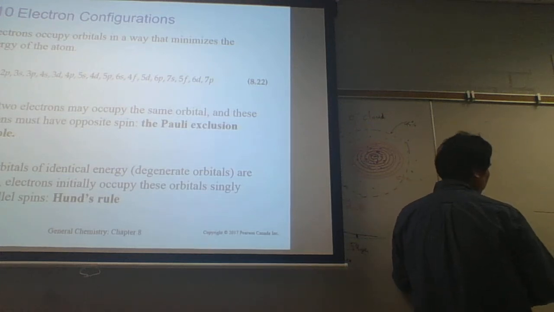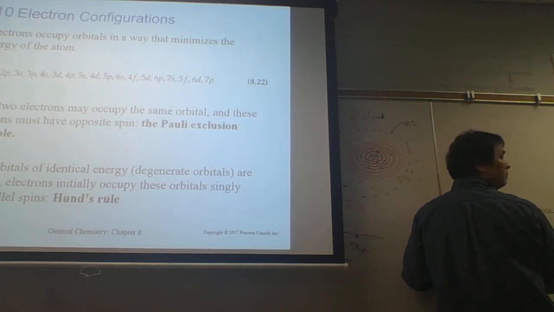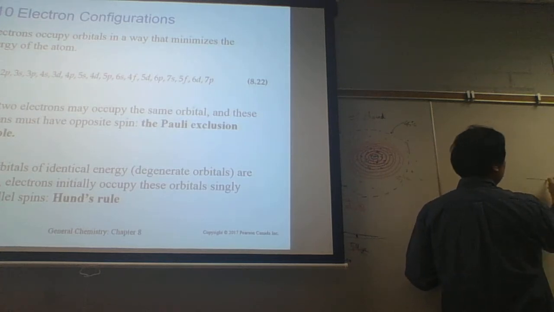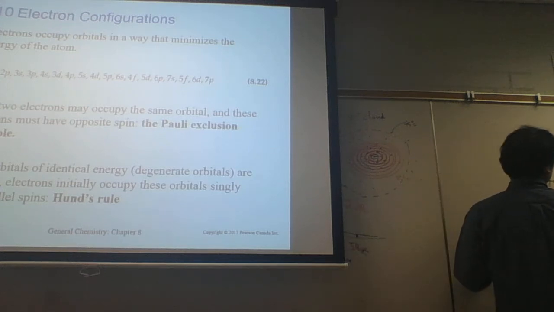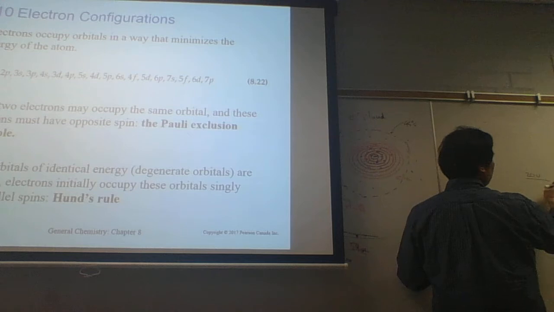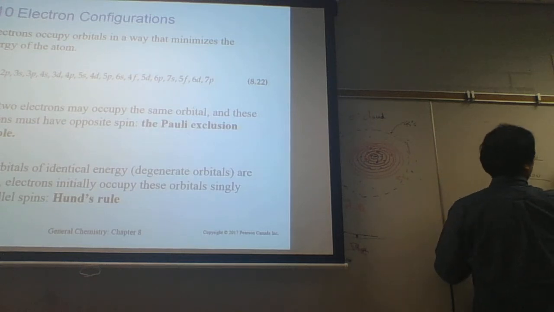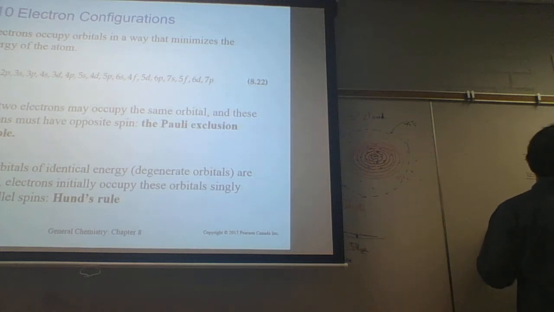So for example, if we're looking at the 100, and then we go to the 200, there's a big gap here. Then from the 200, we go to the 21 minus 1, 210, 211. And then from there, we go to the 300, and then the 31 minus 1, 310, 311.